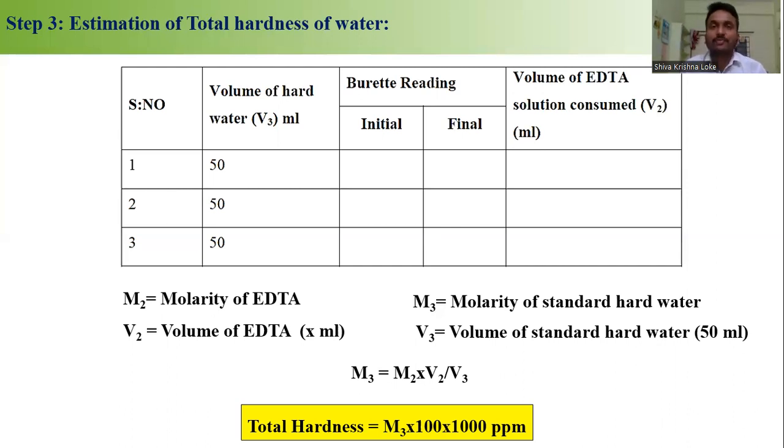That blue color indicates free Eriochrome Black T indicator, and the disodium EDTA forms metal complexes with the metals present in the hard water sample, that is calcium and magnesium. In this manner we determine the property of water called hardness by the complexometric titration method, or EDTA method.